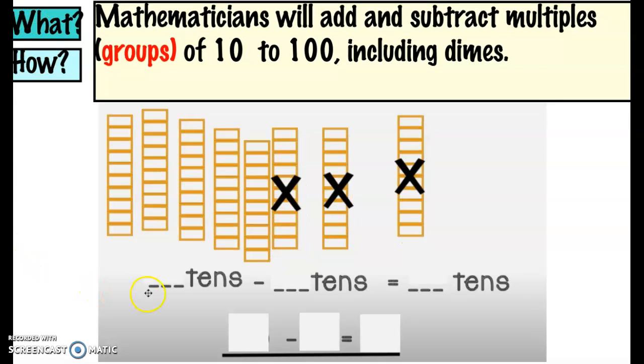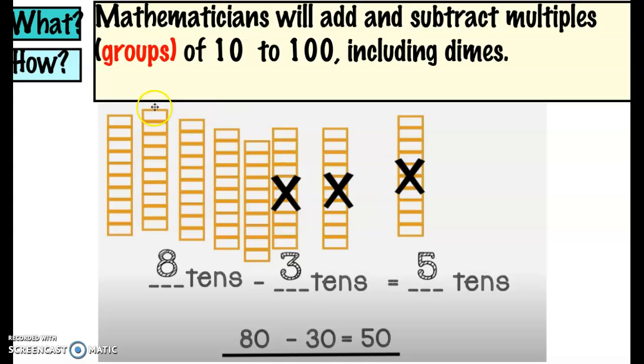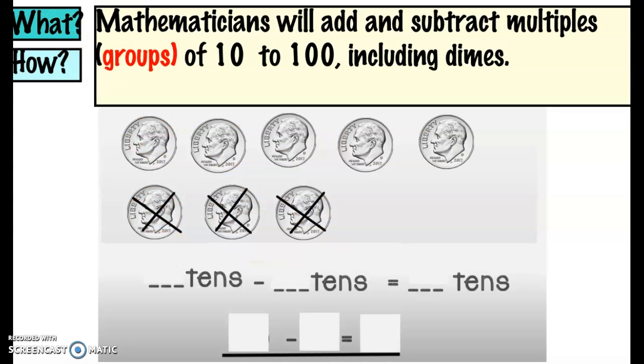Excellent. So we know that 8 tens minus 3 tens equals 5 tens. So let's do it the regular way. 8 tens equals 80. 3 tens equals 30. So 80 minus 30 is 50. You're doing a great job.